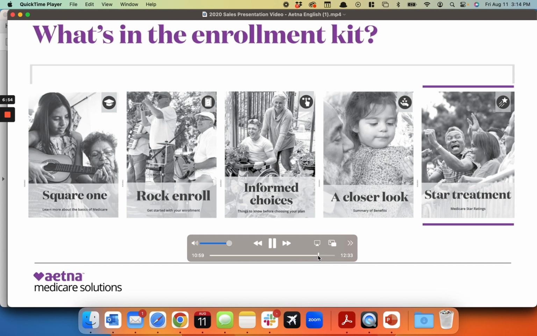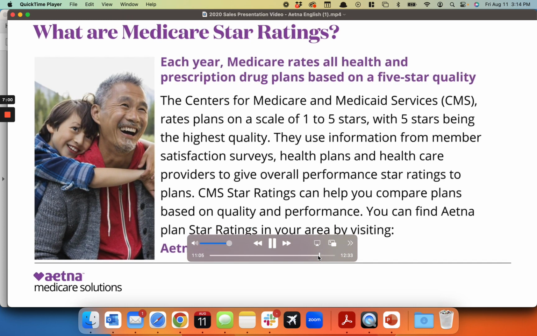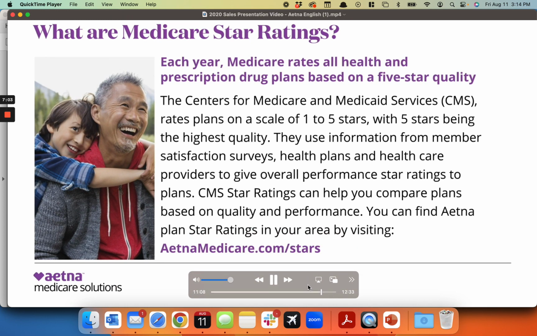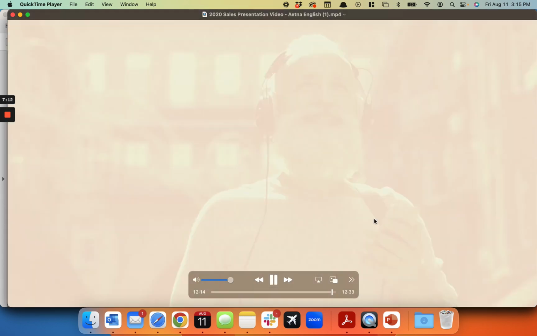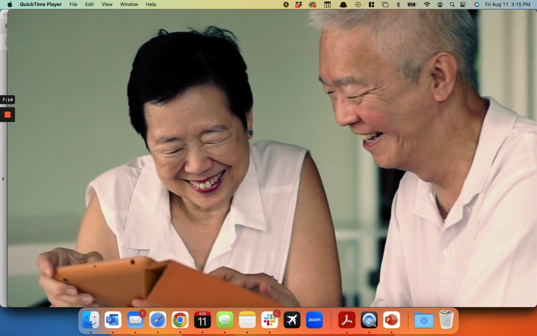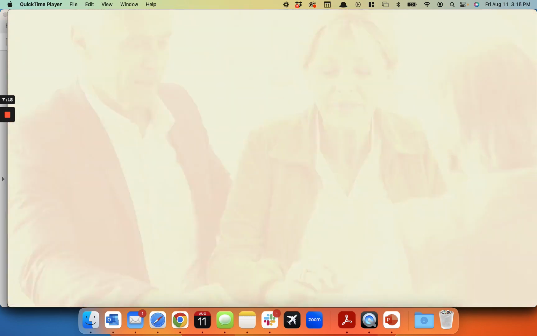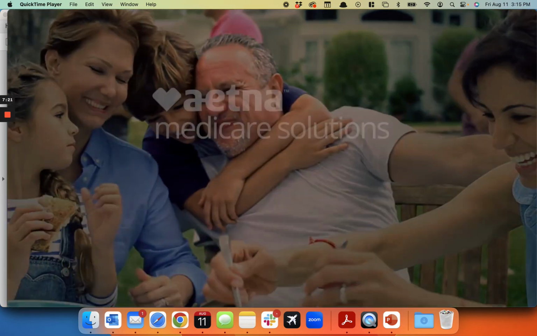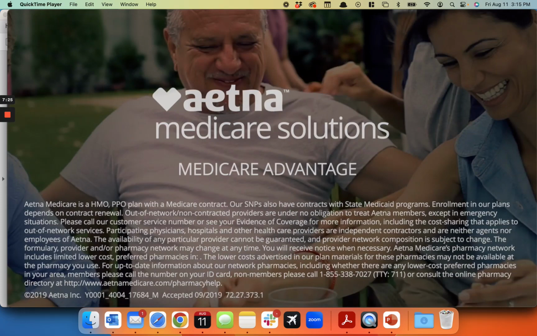Finally, learn about Medicare star ratings with our Star Treatment Guide. Medicare star ratings let you know about a plan's quality. Each year, Medicare rates all health and prescription drug plans based on their 5-star quality rating system. Now that you know a little bit more about Medicare Advantage plans, you're ready to work with your local agent. They can help you choose the Aetna Medicare Advantage plan that's right for you, because you take a total approach to life.